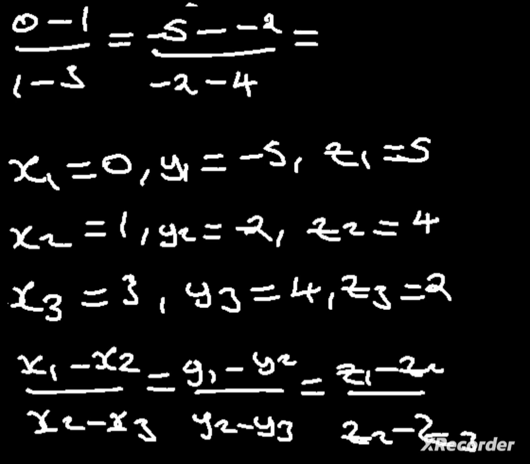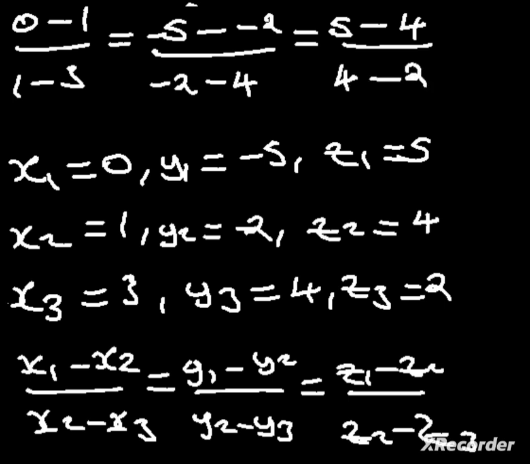Which is equal to z1, which is 5, minus z2, which is 4, divided by 4 minus z3, which is 2.